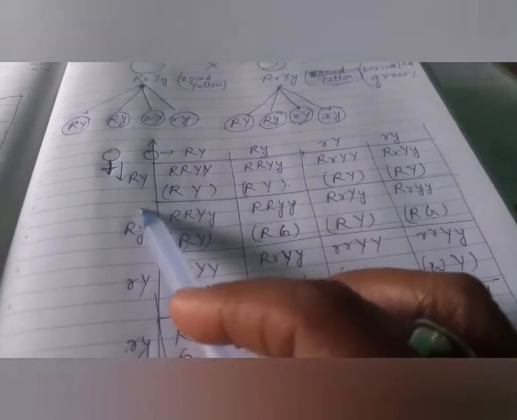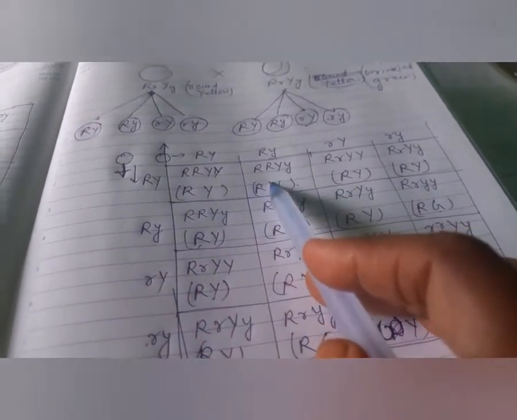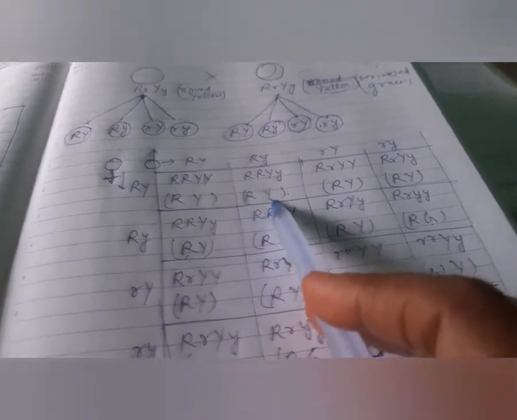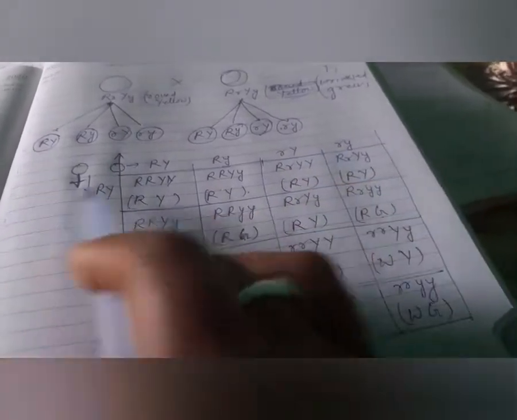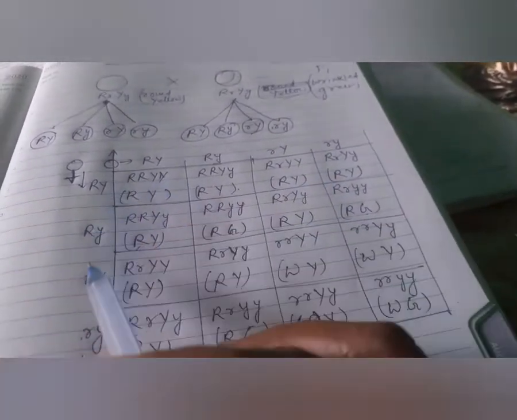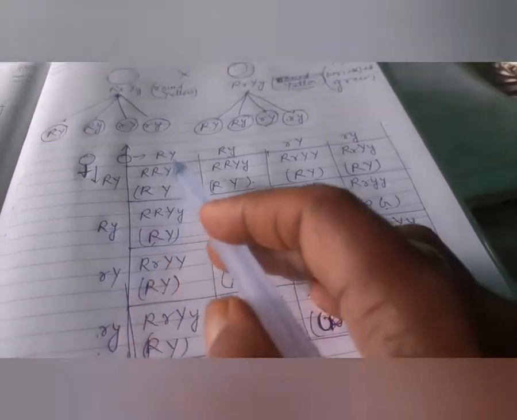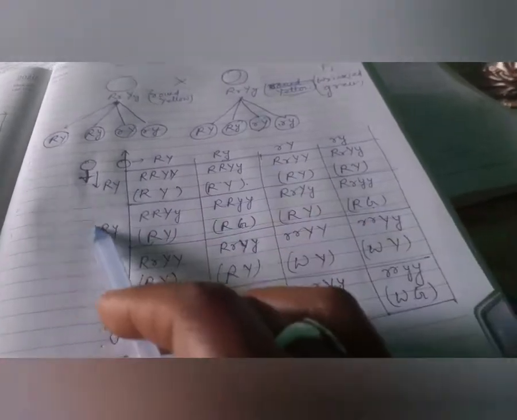Here again similarly we can fuse these two, and we get round and yellow. Again this one and this one. In this way, coming to the second gamete, again this and this, again this and this.